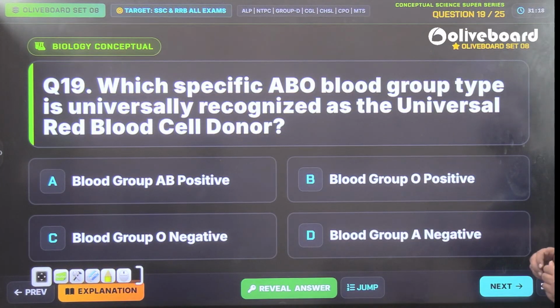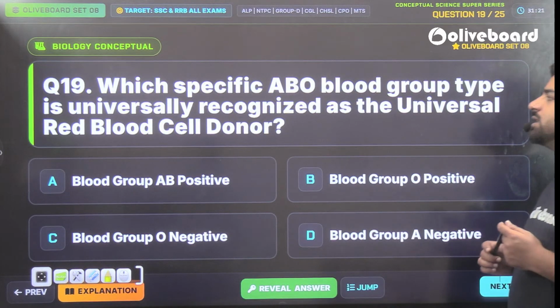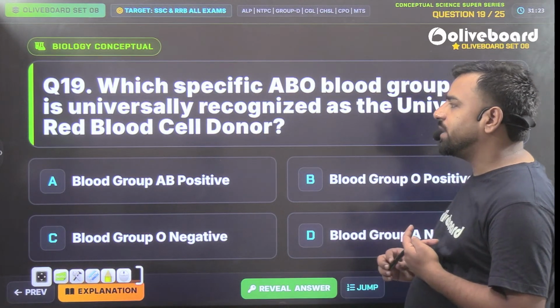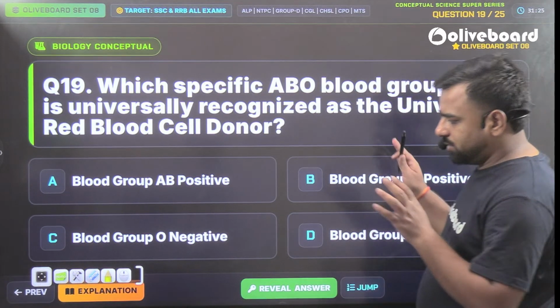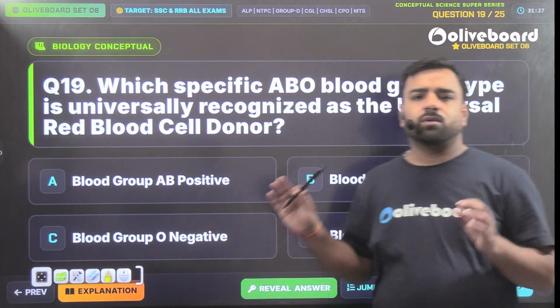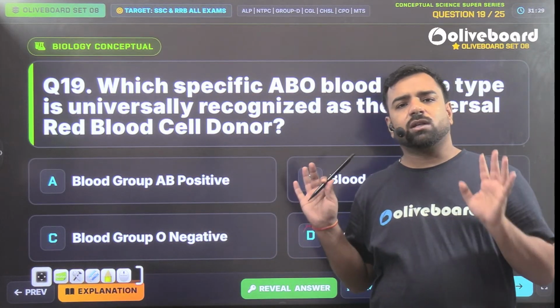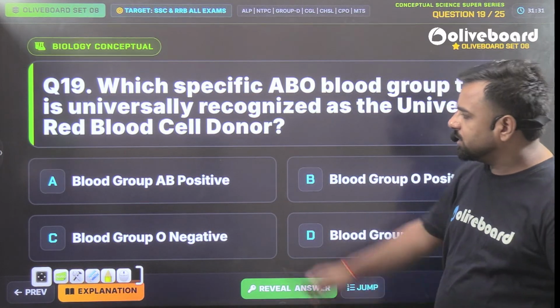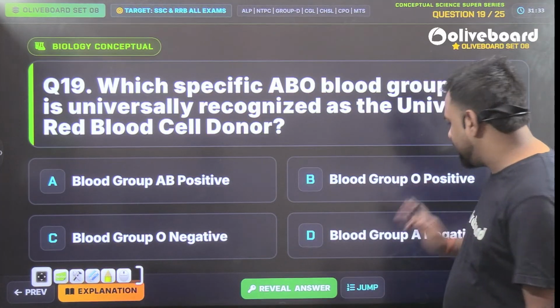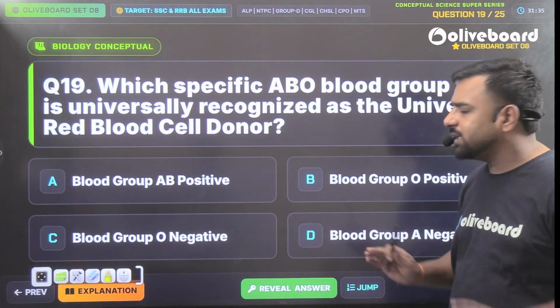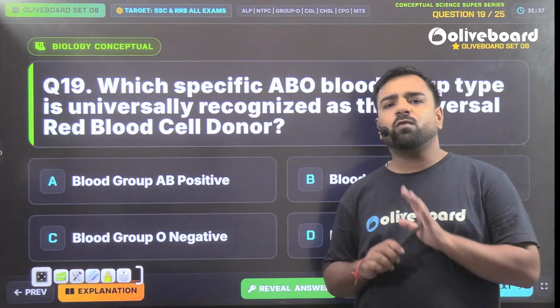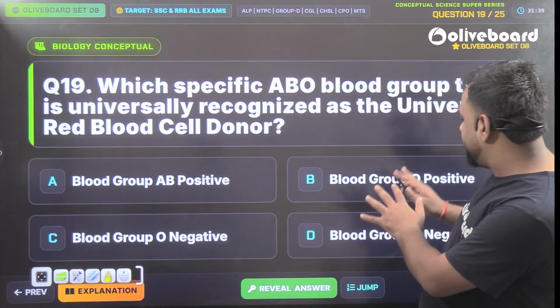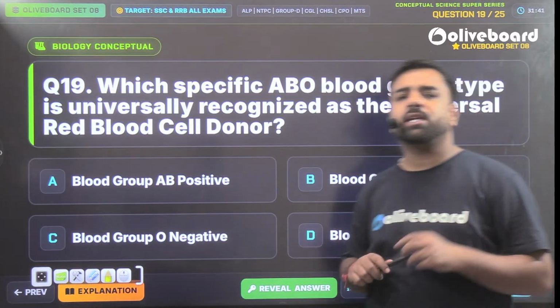Which specific ABO blood group type is universally recognized as the universal red blood cell donor? We know blood group O is universal donor, which means AB and A, option number A and D, get eliminated. Now we have two options, either B or C. So what should be the correct answer?